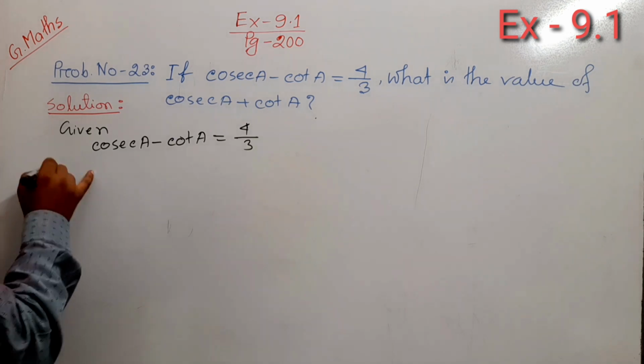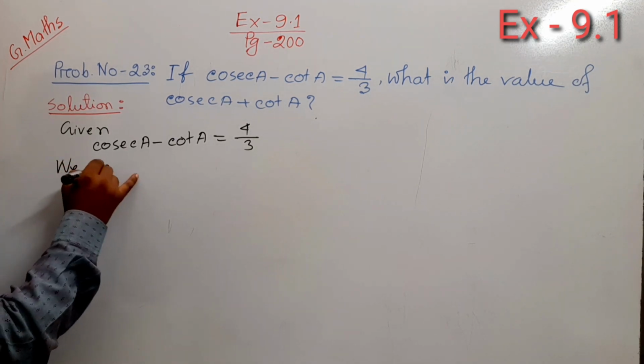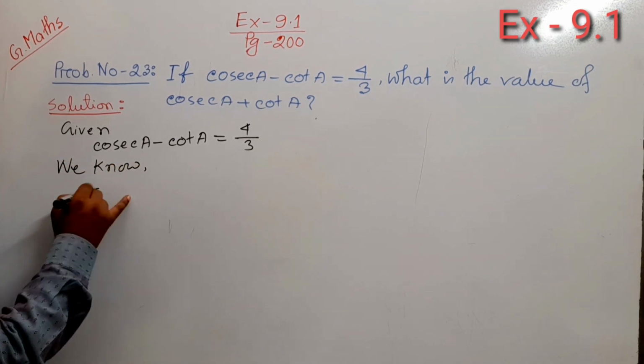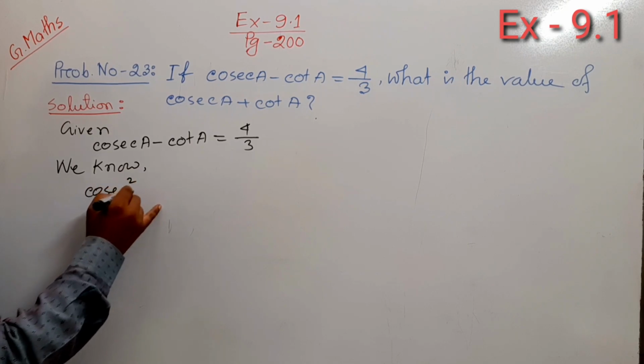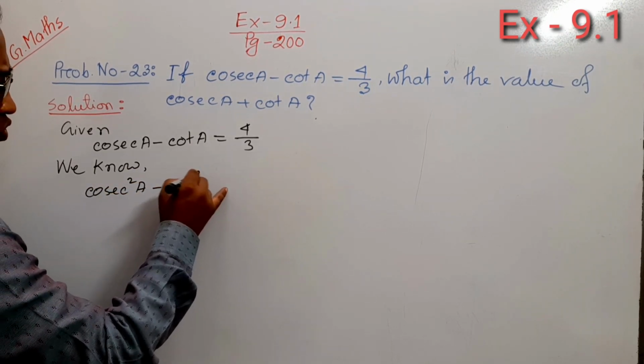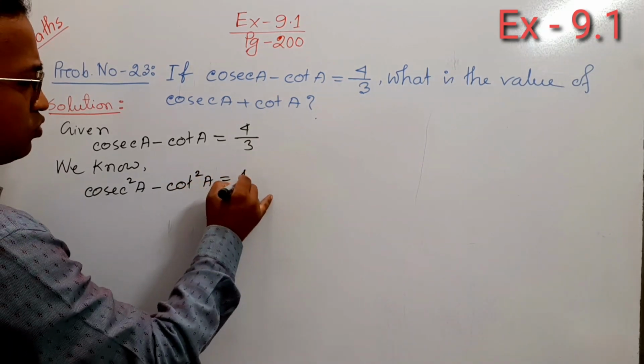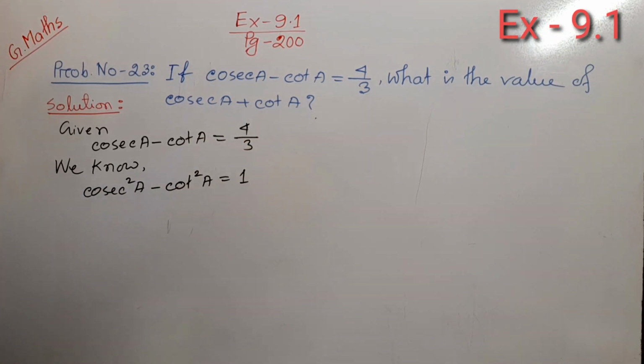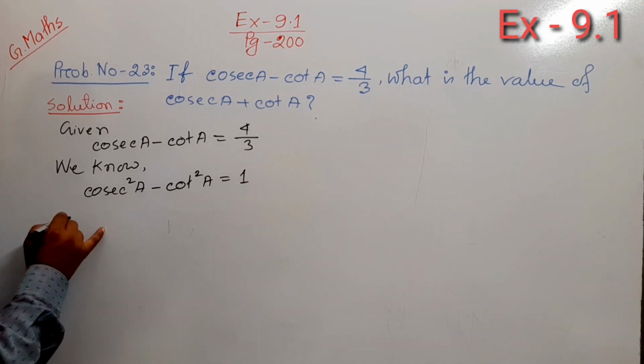Now we know cosec square A minus cot square A equals 1. We know this identity of the trigonometric ratios.